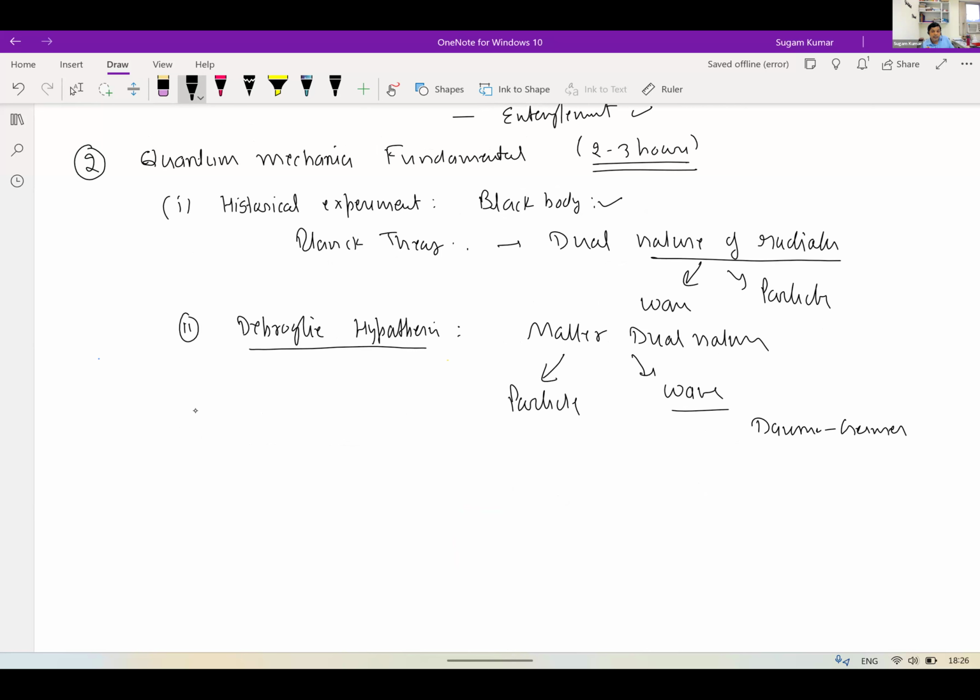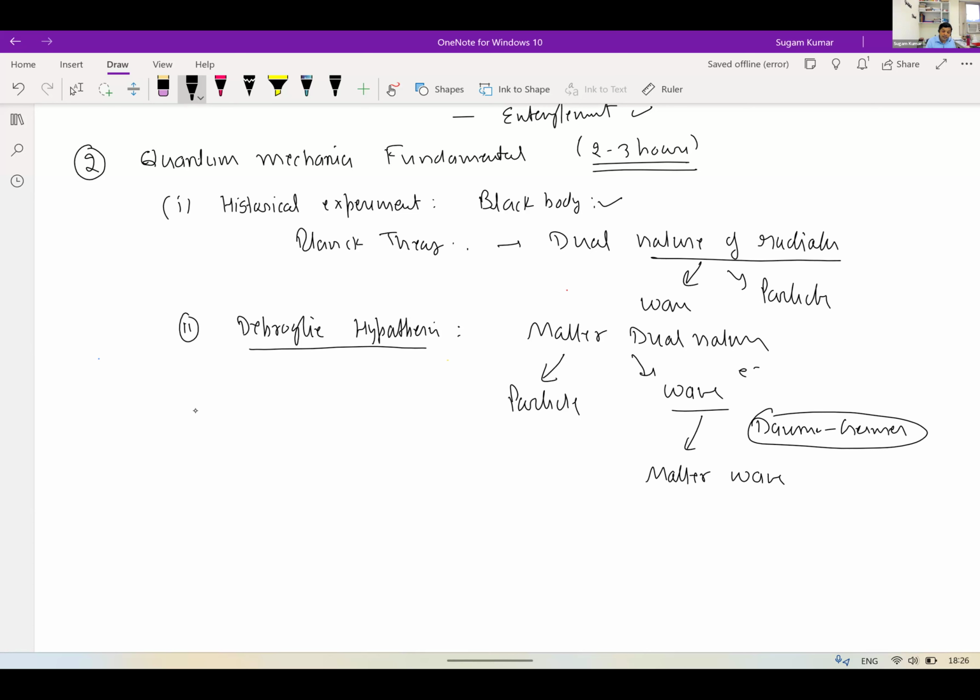For the first time it became evident that electrons can produce diffraction, and you know that diffraction can only be understood by wave nature, not by particle nature. After the Davisson-Germer experiment, it was clear that electrons, or matter, definitely have a dual nature. They behave like a particle and also like a wave. And this wave is what we call the matter wave.